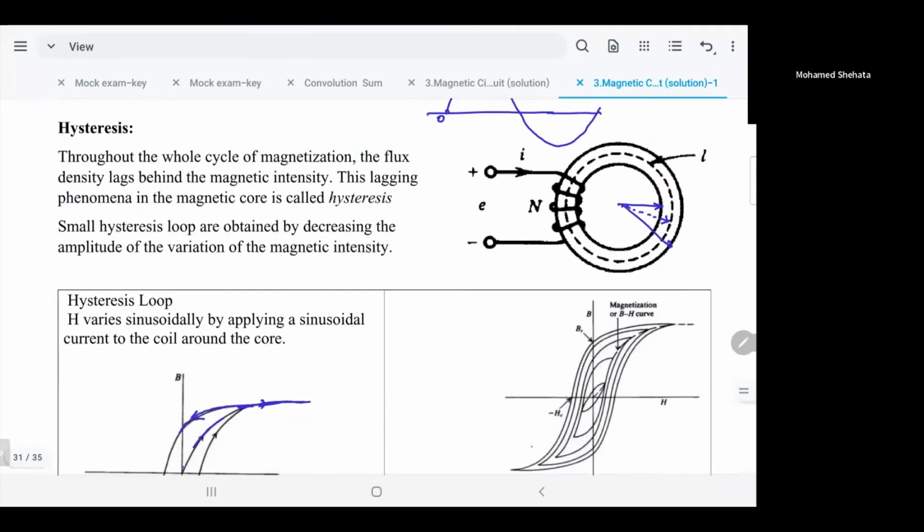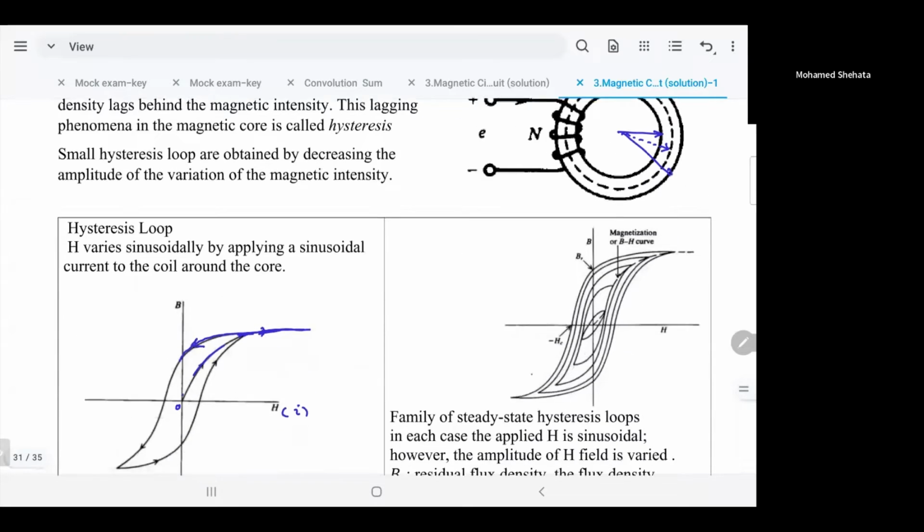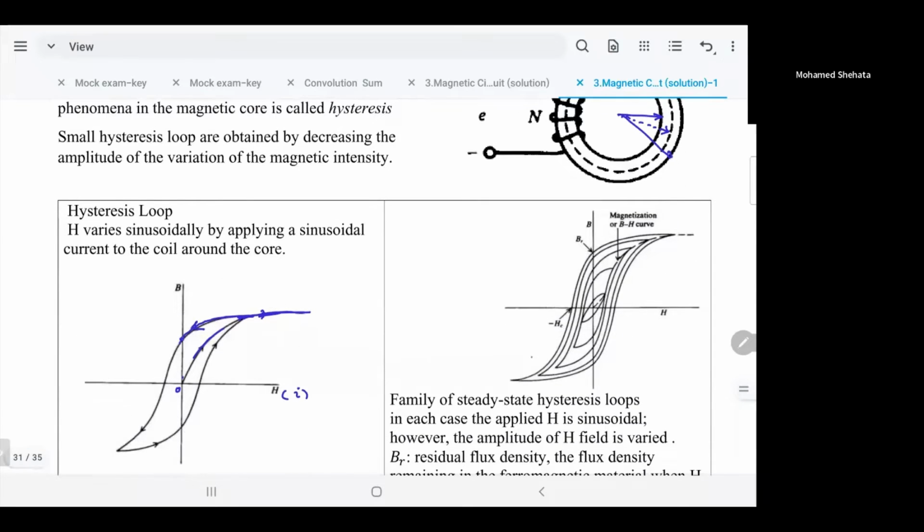And when it reaches zero here, the flux density will not be zero. Something is left. So if you have a ferromagnetic material with a coil wrapped around it, and you make it like an electromagnet with the current, what happens if you disconnect the current?